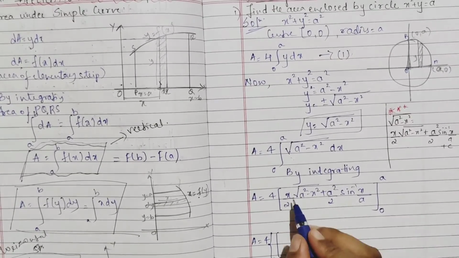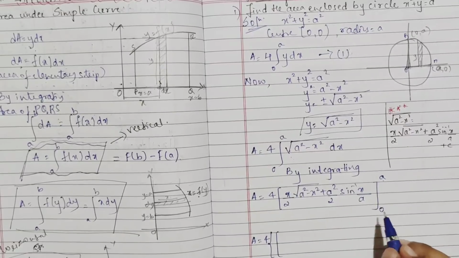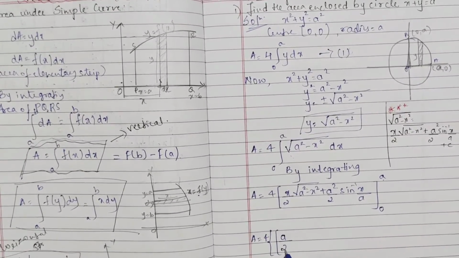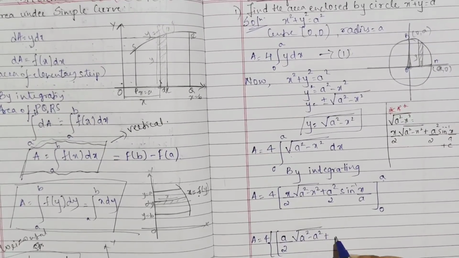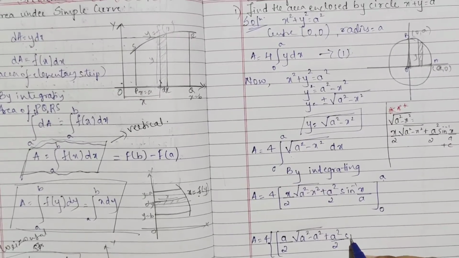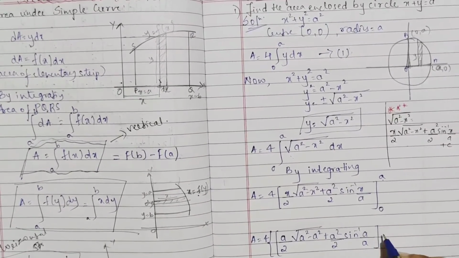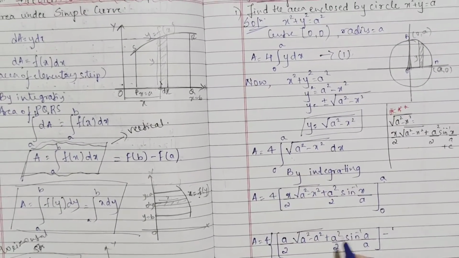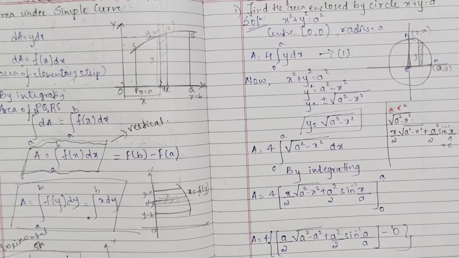First wherever x is there, we apply a, then minus the whole with 0. So a by 2 root of a square minus a square plus a square by 2 sine inverse a by a, minus of, whatever I take, everything will be 0 only, right? So directly I will write 0.